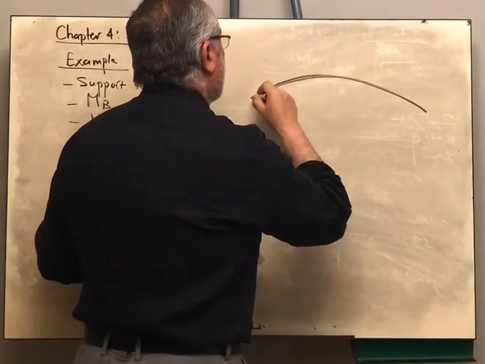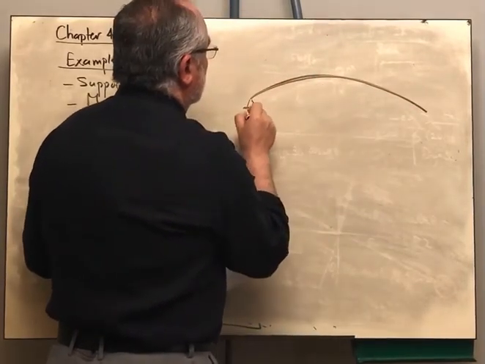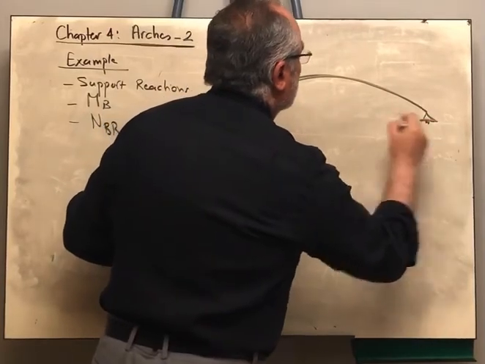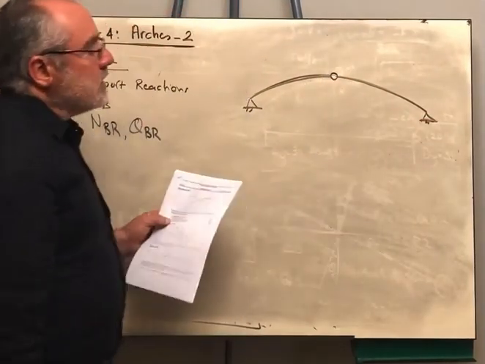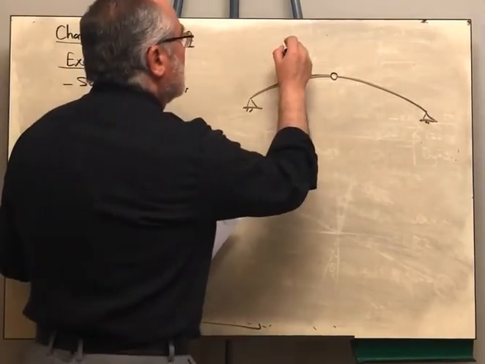It is a parabolic arch with an intermediate hinge. We cannot solve except with this intermediate hinge.